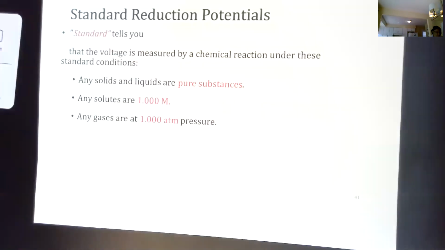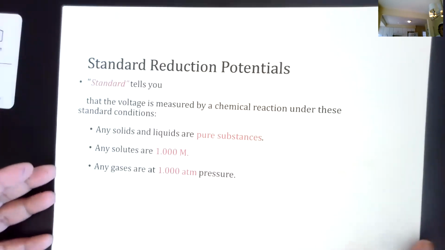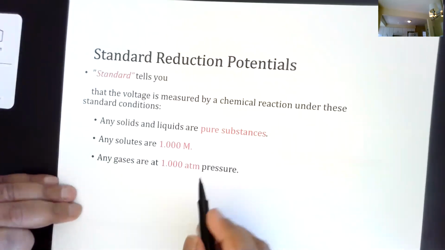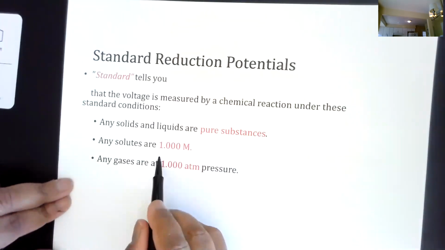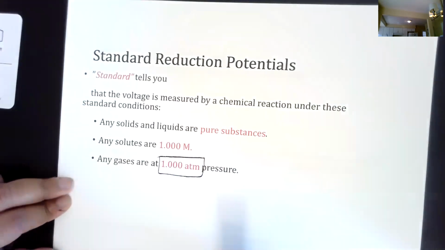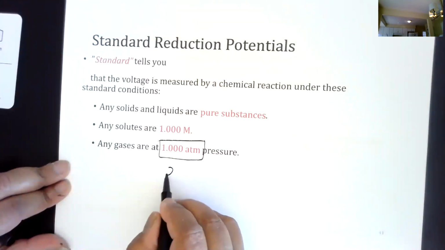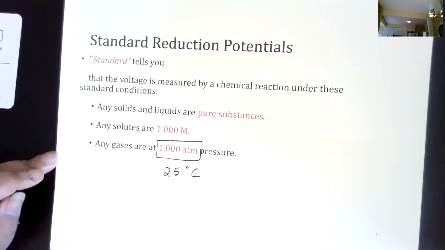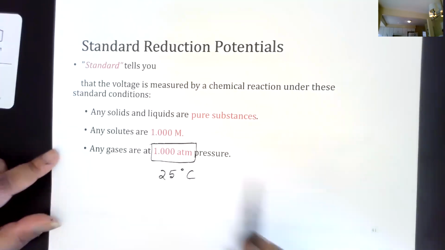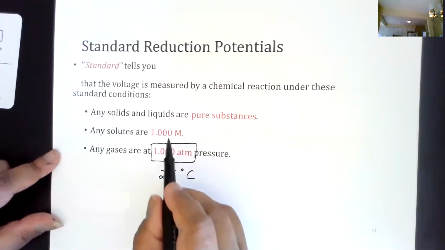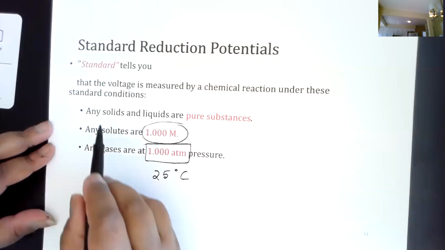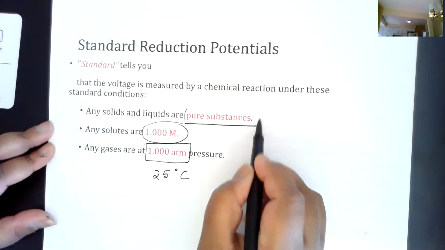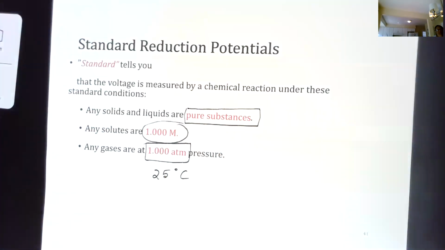All right, what do we do with this? Standard, okay, again, we've looked at standard before. We know gases are at 1 atm. Temperature, usually room temperature, 25 degrees centigrade. And if you have solutions, these are 1 molar, and any solids and liquids are pure substances.